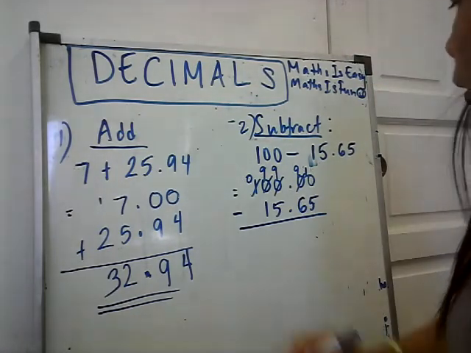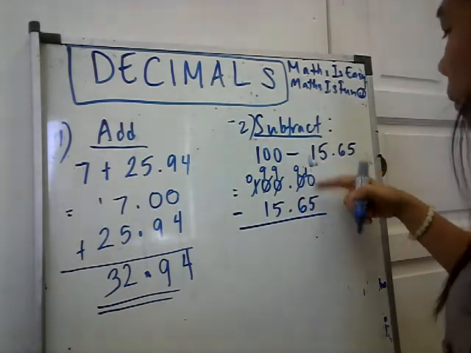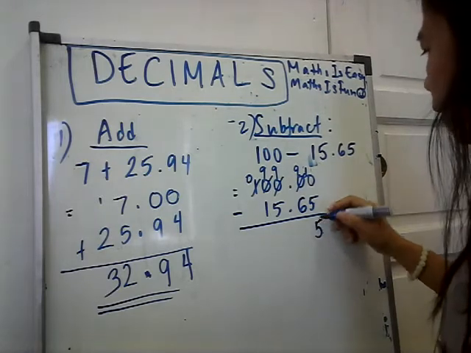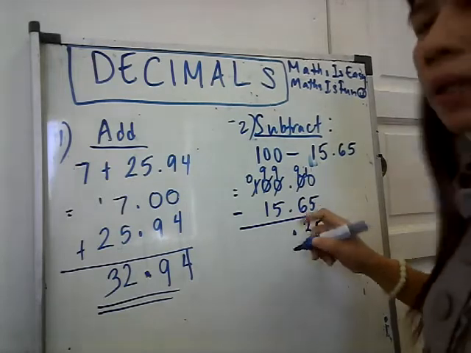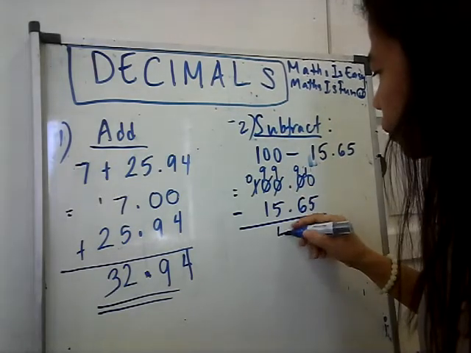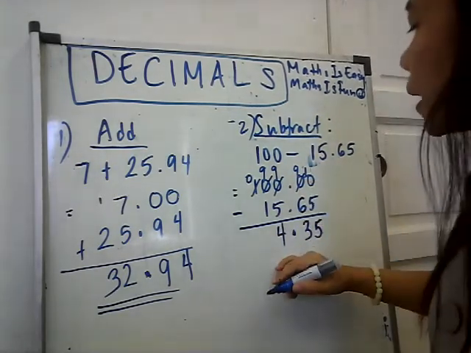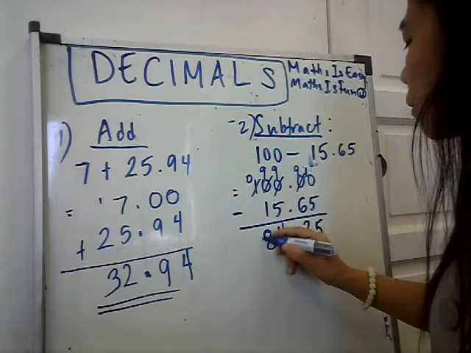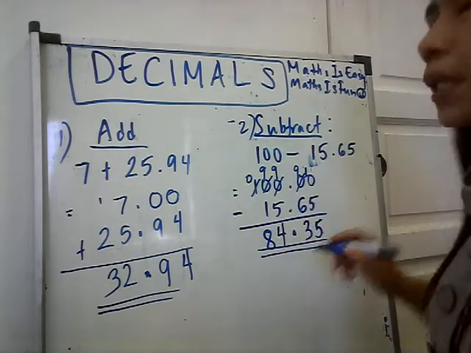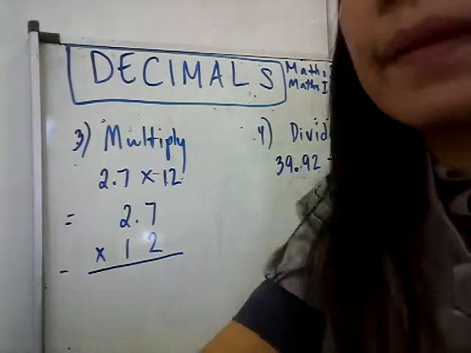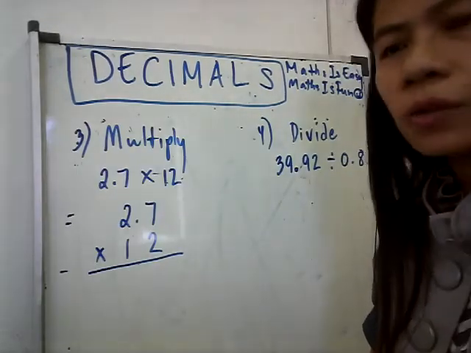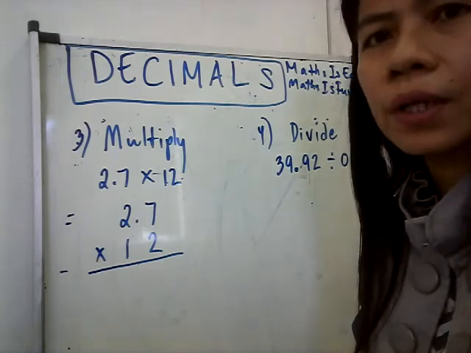So 10 minus 5 is 5, then 9 minus 6 is 3, then the point, then 9 minus 5 is 4, 9 minus 1 is 8, so that our final answer will be 84.35.